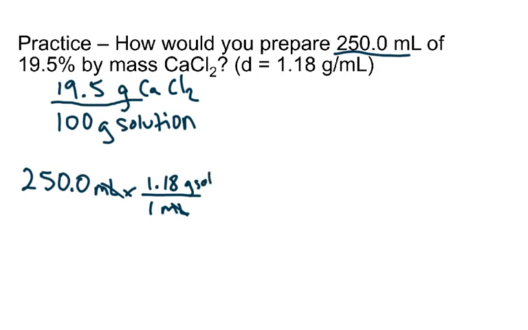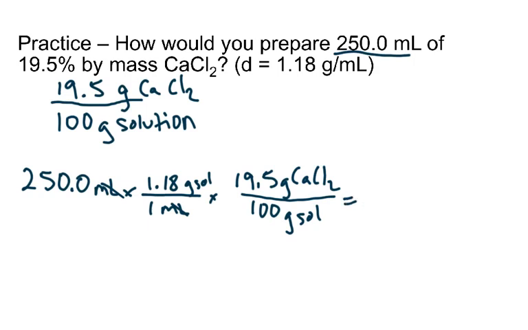Then we can use our concentration as a conversion factor, because we know we need 19.5 grams of calcium chloride for every 100 grams of solution. And so if you cancel out units, we did milliliters, now grams of solution, we're going to end up in grams of calcium chloride. So if I do that math, I get 57.5 grams of calcium chloride.